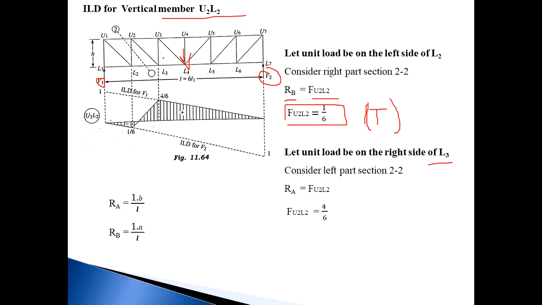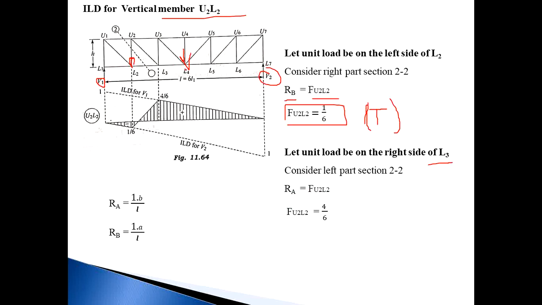On the right side of the section there are now two forces, that is the unit load and RB. Now consider only the left side, because on the left side only one force is there, that is RA. So the RA force is upward. So the balancing force is downward for U2 L2. Okay. So RA is upward and F U2 L2 is downward.